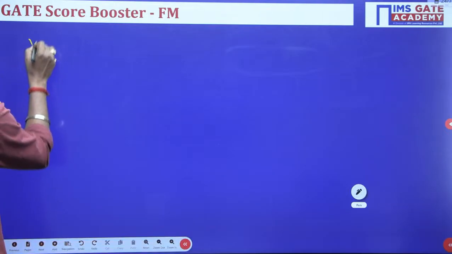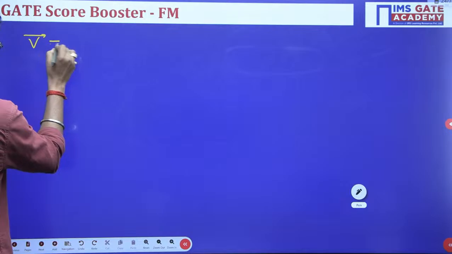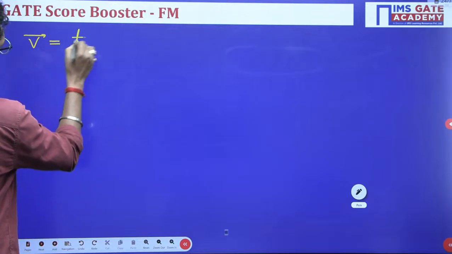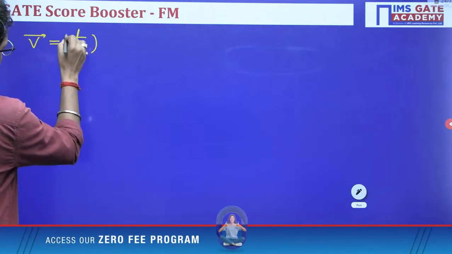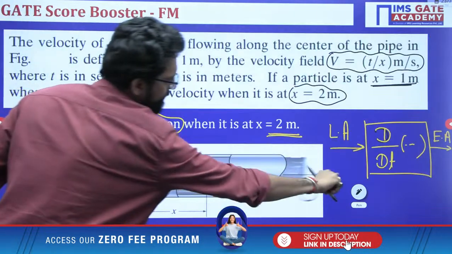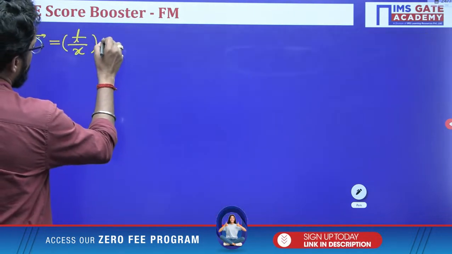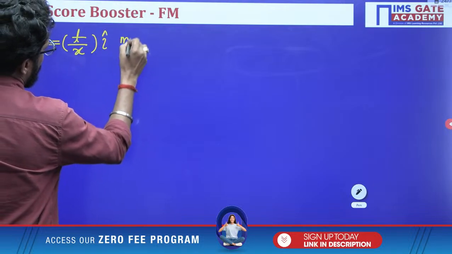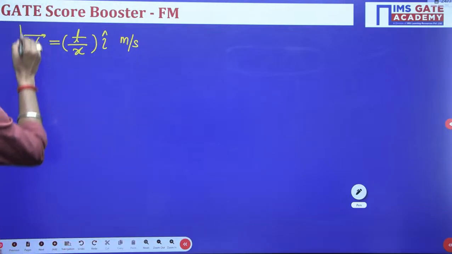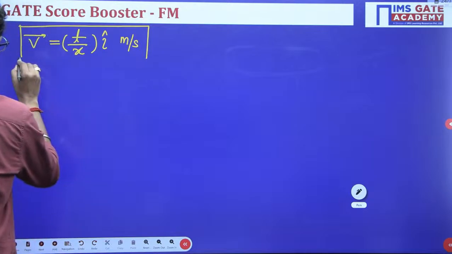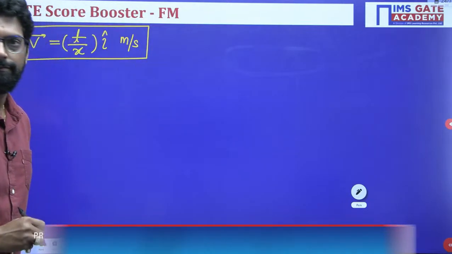The velocity field is given as t by x, in the x direction, in meter per second. This is the field. Okay.